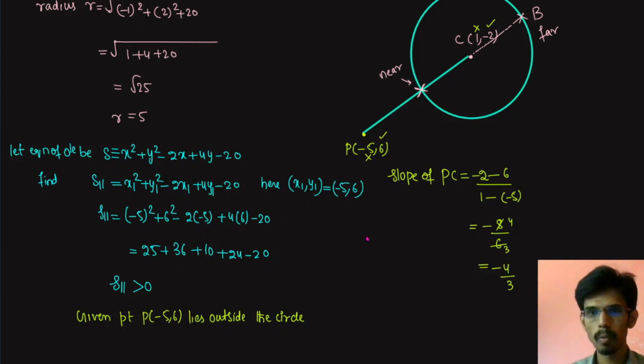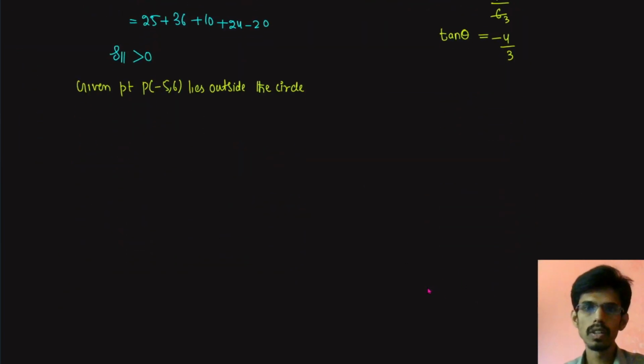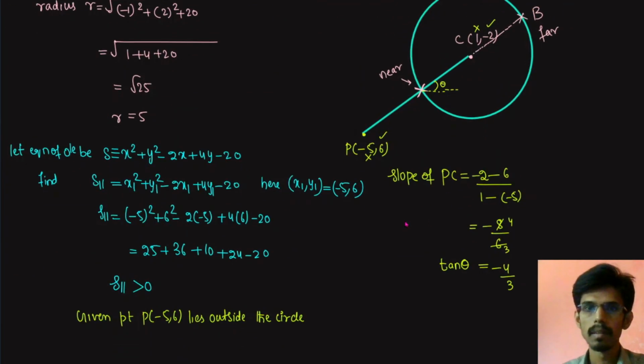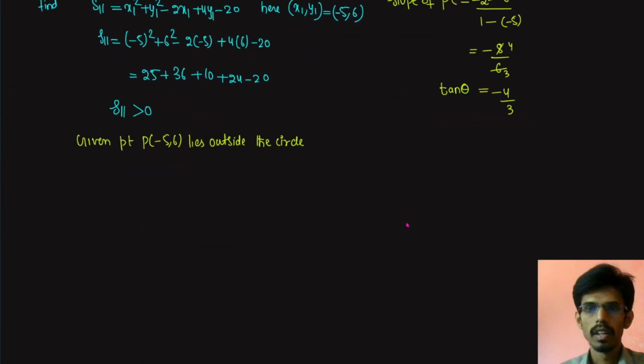Let us take this slope as tan theta. The slope will be denoted by tan theta. With respect to horizontal, if it is making an angle theta here, so tan theta is the slope of this line PC. Now tan theta is negative.